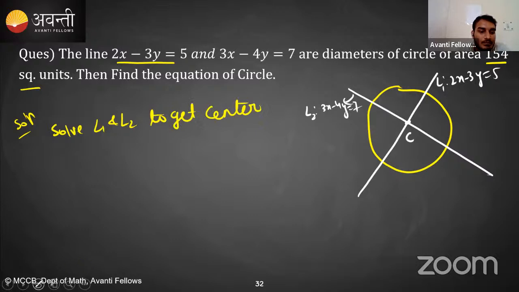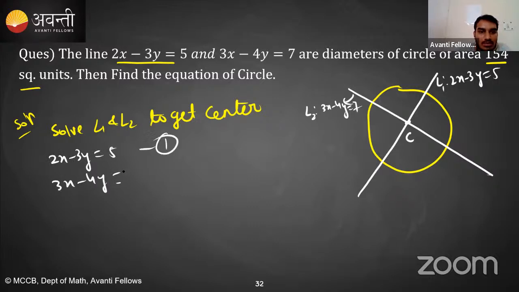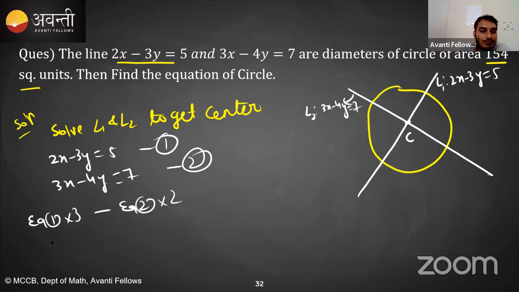Okay, so solve L1 and L2 to get center. Let's call 2x minus 3y is equal to 5 equation 1, and 3x minus 4y is equal to 7 equation 2. So what you can do, equation 1 into 3 minus equation 2 into 2, बस ये कर दो.